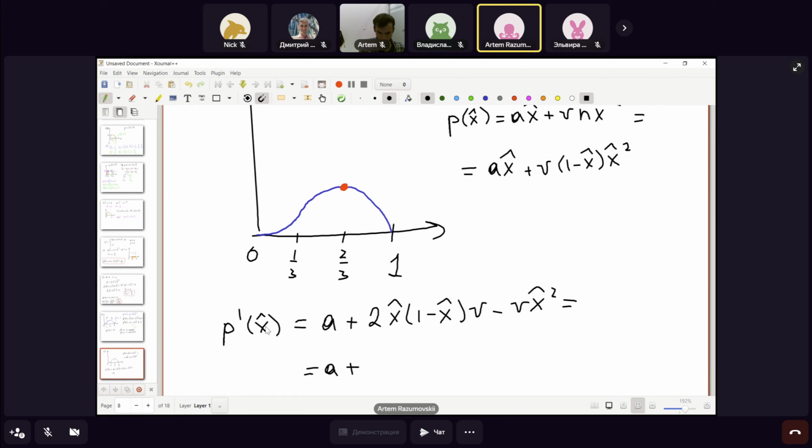So then we have 2x minus 2x squared v, so in total it will be minus 3x hat squared.